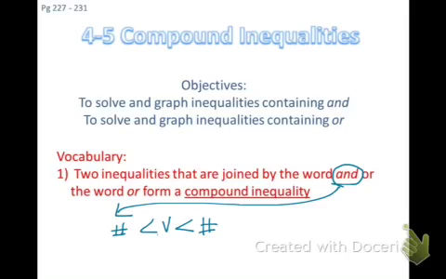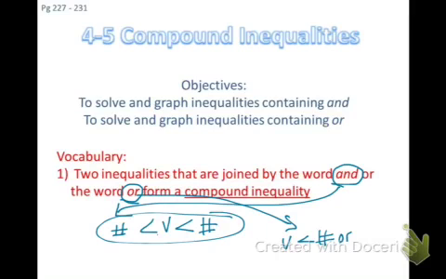Or, you're going to have the word "or" in here, and you would have the variable, then a less than or greater than sign, and then a number, and then you're going to have the word "or". This is the word "and".